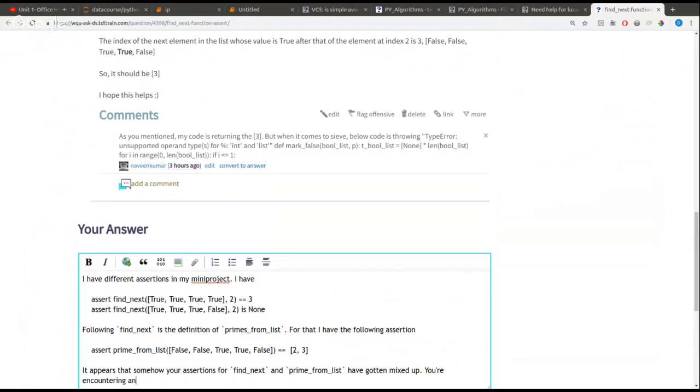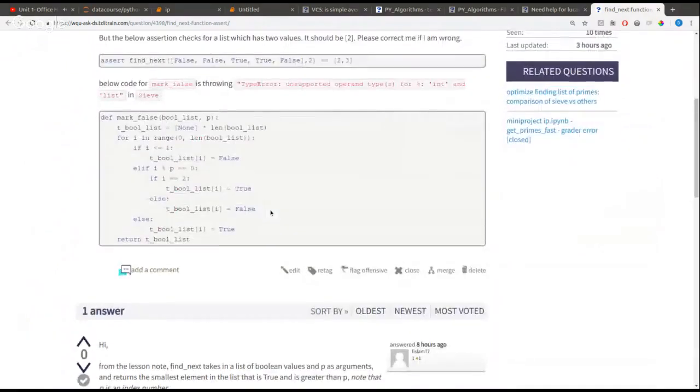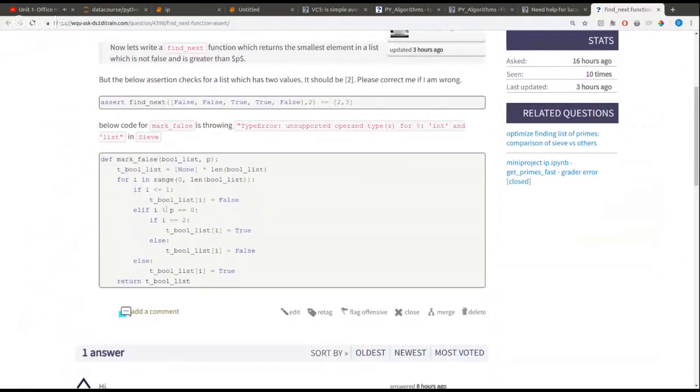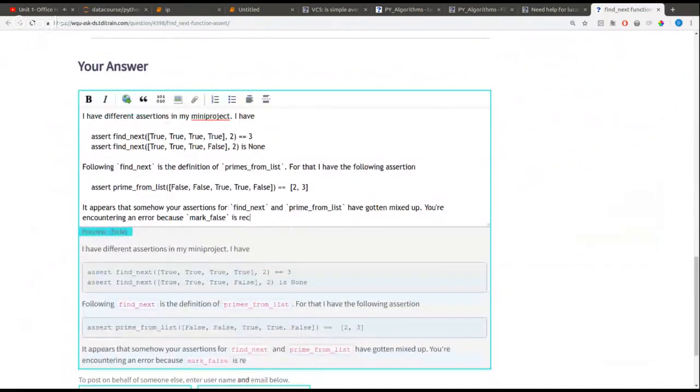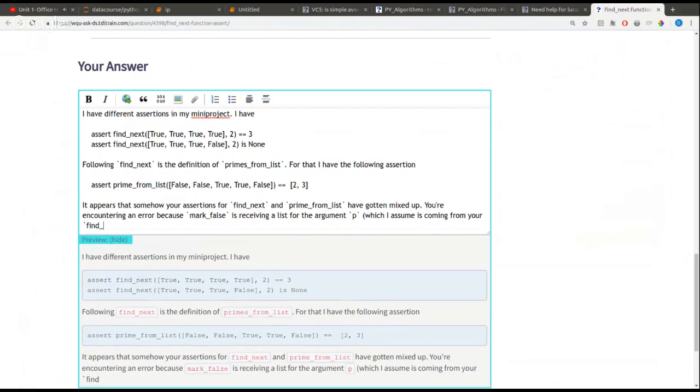You're encountering an error because mark false, for i in range, bool list, i divided by p mod p, is receiving a list for the argument p, which I assume is coming from your find next function.